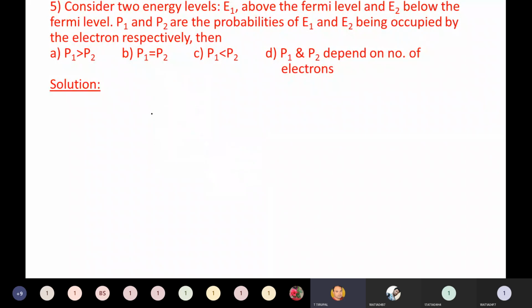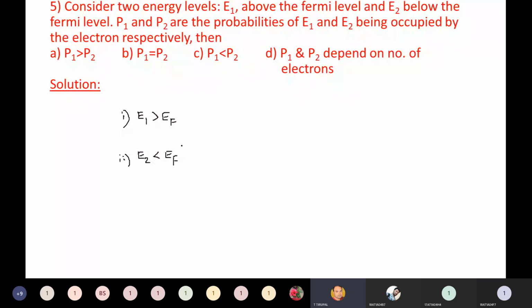Consider two energy levels. E1 I am considering above the Fermi level, which means E1 is greater than EF. This is the first case. And E2 below the Fermi level means E2 is less than EF.